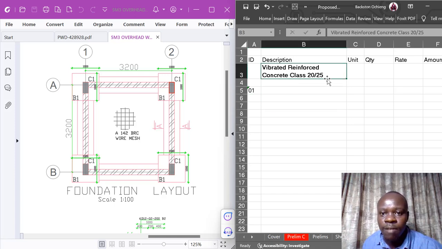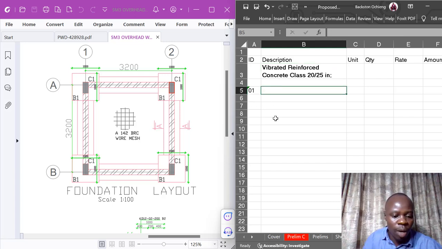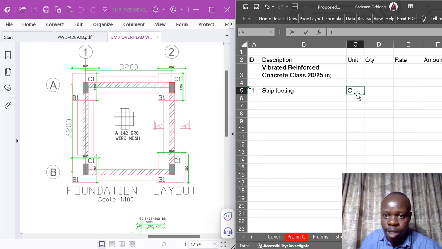So it's vibrated reinforced concrete class 20 in. Okay, so first one, we are going to talk about strip footing. So the strip footing concrete here is measured in cubic meters. Okay, so it's worth indicating cubic meters.